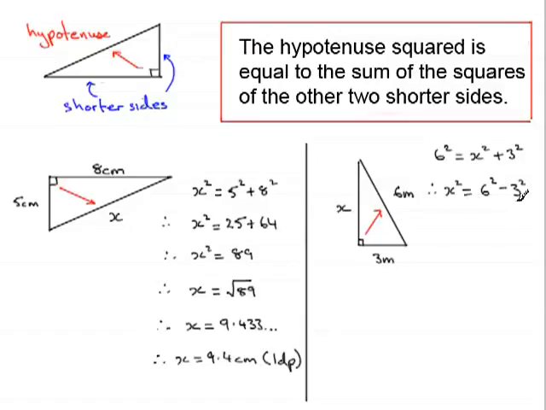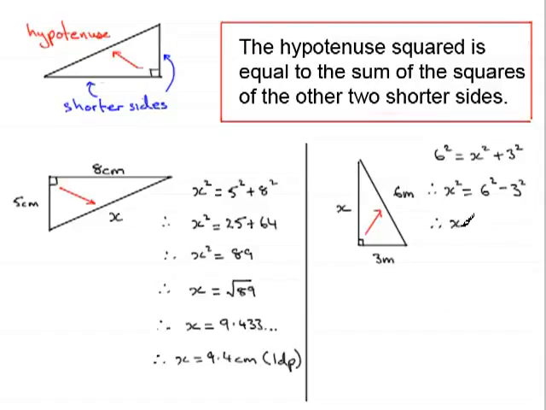So again you can see that in the first example we had x squared equals 5 squared plus 8 squared when x was the hypotenuse, but when x was a shorter side, not the hypotenuse, x squared turns out to be the hypotenuse squared minus the other shorter side squared. Okay, so all I need to do now is just work this out.